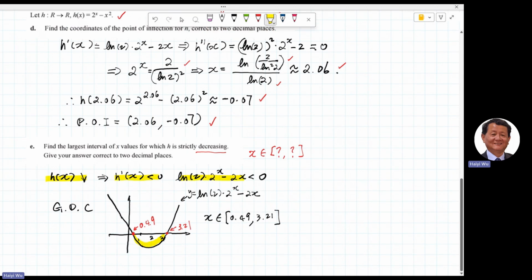Negative means the yellow part below the axis. We can trace those two points, so x must be between 0.49 and 3.21. That's the interval for x when h(x) is decreasing.